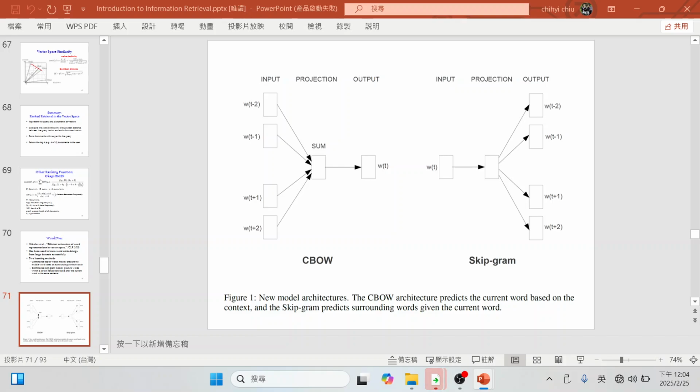You can pick which one you think will be better after the training. This model tries to use 4 words to predict the middle word, and this model tries to use only 1 word to predict the surrounding 4 words. So in their experiment, which is more efficient, for the speed?